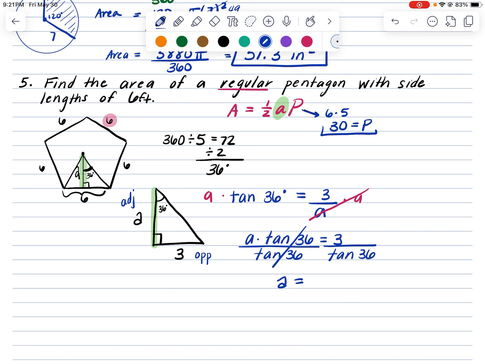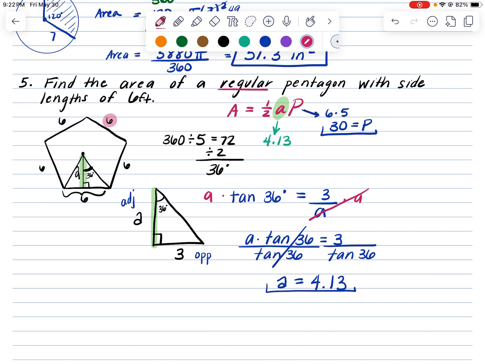And so I'm going to go ahead and plug that in my calculator. 3 divided by tangent of 36. And I get that my apothem is 4.13. Okay, again, we said round to the hundredths until the end. So I know my apothem is 4.13.